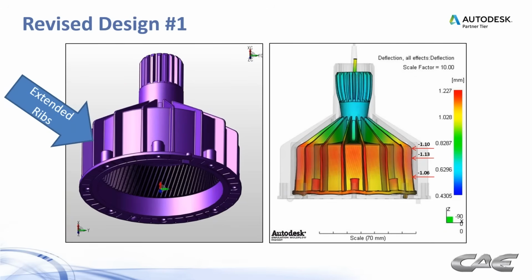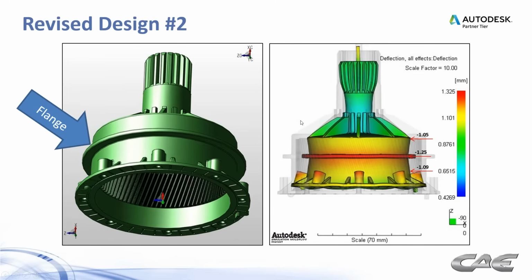We went to the part design itself and played with different options to see what we could do to reduce the amount of warpage here. So here's one option with some large ribs. You can see there's a pretty good reduction in warpage, but these large ribs were going to cause some issues with some mating parts. So we drilled down to a few other options.